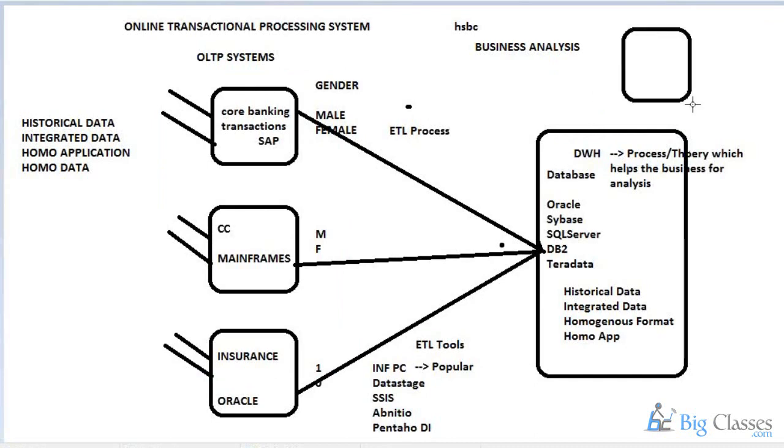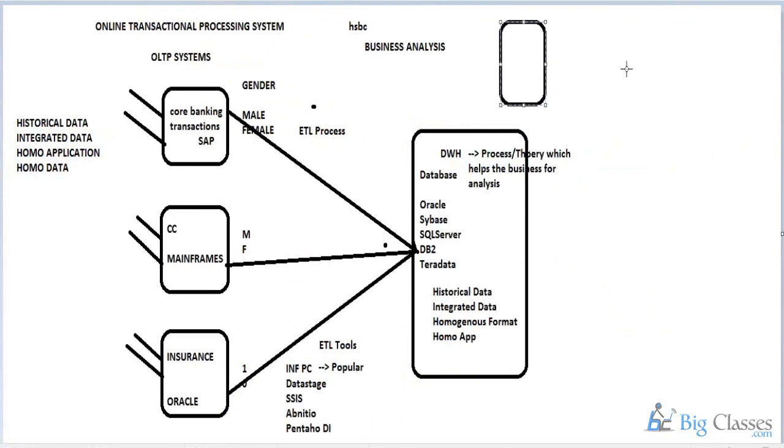Another thing is that it is helpful for data migration also. Let's say you have a billing system on PeopleSoft, and you want to migrate that billing system to SAP. Then you can use Informatica Power Center to migrate the data from one system to another, from one application to another application, or from one database to another database.